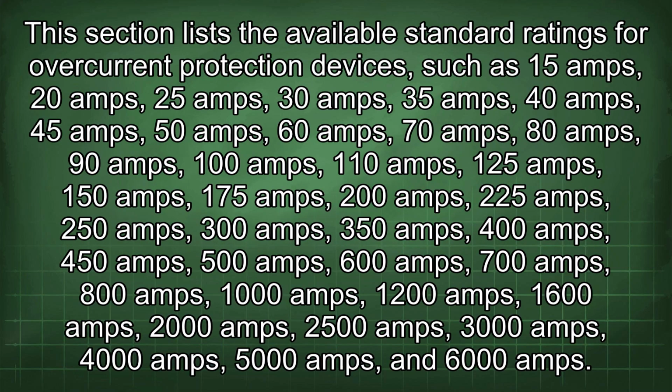This section lists the available standard ratings for overcurrent protection devices, such as 15 amps, 20 amps, 25 amps, 30 amps, 35 amps, 40 amps, 45 amps, 50 amps, 60 amps, 70 amps, 80 amps, 90 amps, 100 amps, 110 amps, 125 amps, 150 amps, 175 amps, 200 amps, 225 amps, 250 amps, 300 amps, 350 amps, 400 amps, 450 amps, 500 amps, 600 amps, 700 amps, 800 amps, 1000 amps, 1200 amps, 1600 amps, 2000 amps, 2500 amps, 3000 amps, 4000 amps, 5000 amps, and 6000 amps.